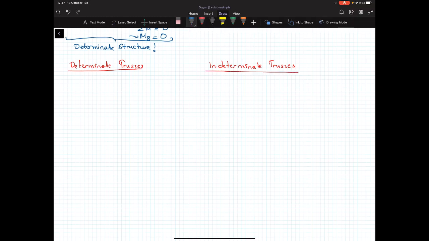So in order to do that, I'll just draw a couple of trusses and we will discuss whether these are determinate or indeterminate.